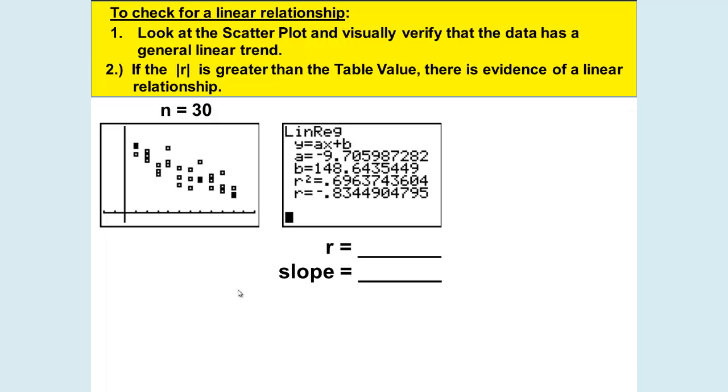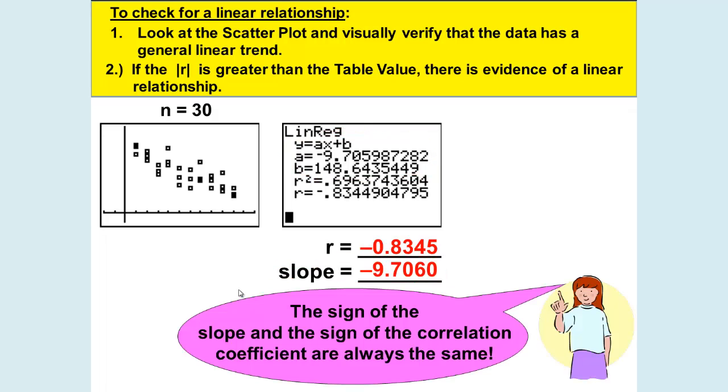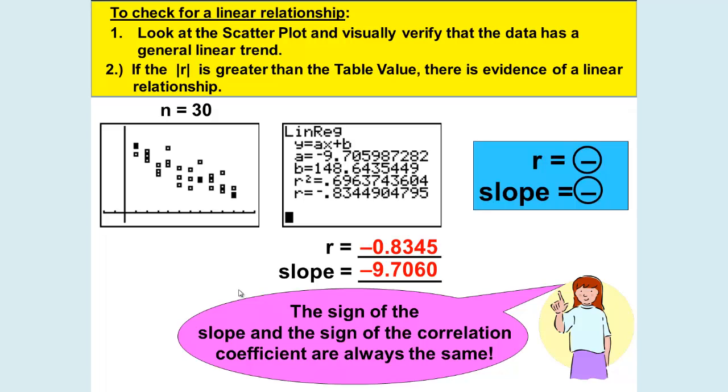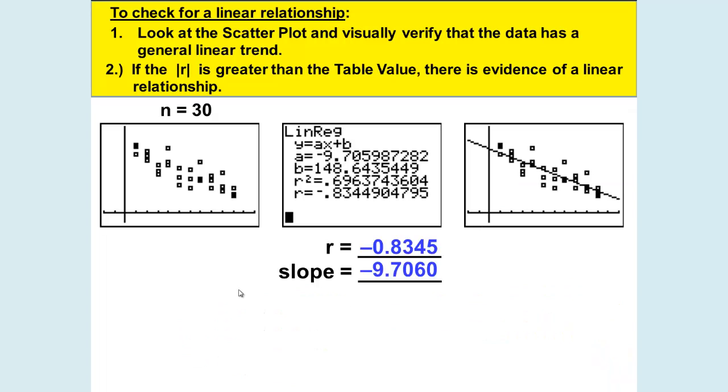Our R is negative 0.8345, and our slope is negative 9.7060. The sign of the slope and the sign of the correlation coefficient are always the same. R is negative, so the slope is negative. The line drawn through the points is shown.